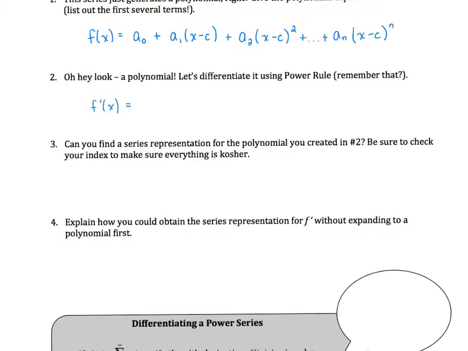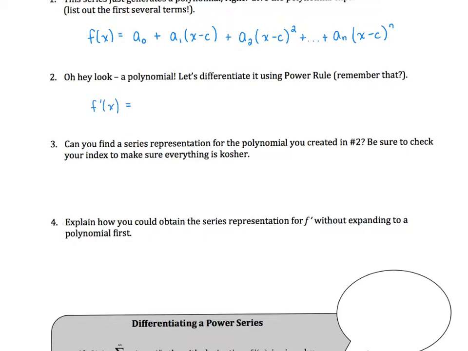Now if we differentiate our next term, the a2 is just a scalar multiple, but then we do power rule on the (x minus c) part. So the 2 will come down in front: 2 times a2, and then this becomes (x minus c) to the 1, and so on and so forth. I probably should have listed out a few more terms, but all right.